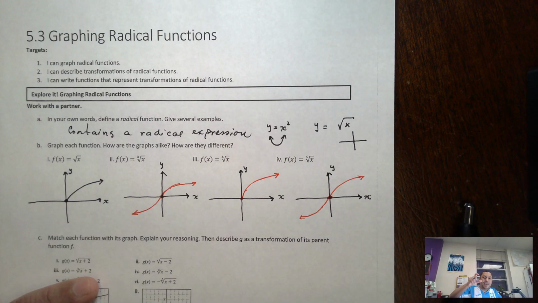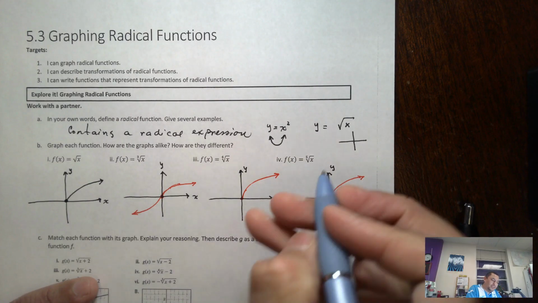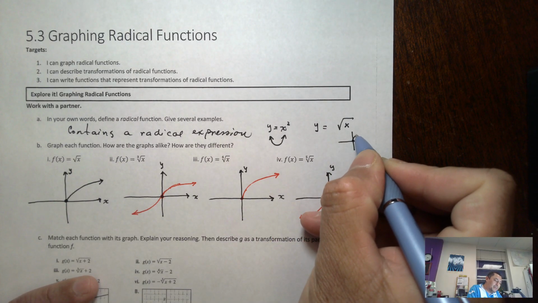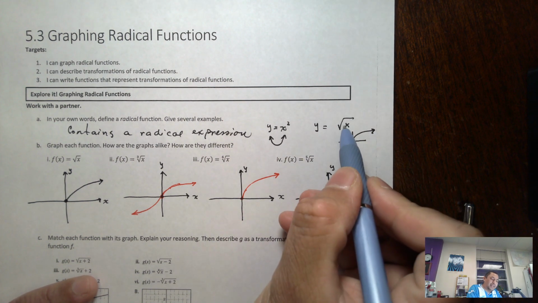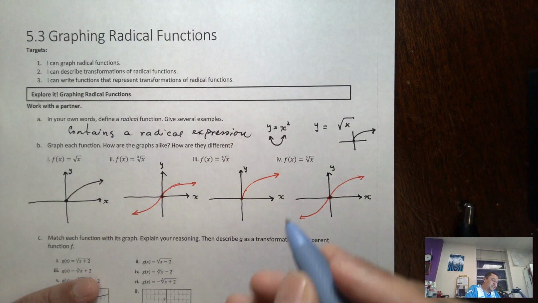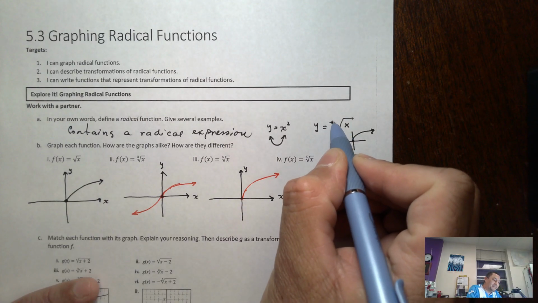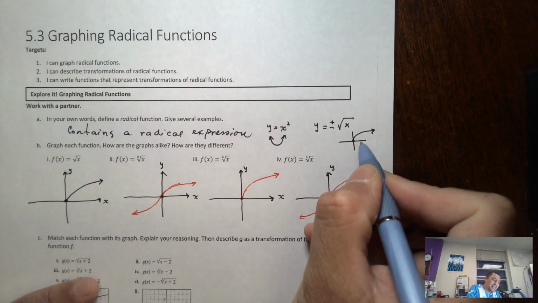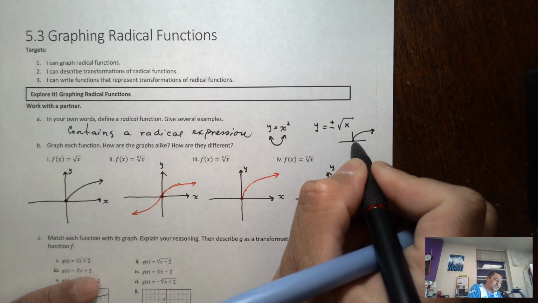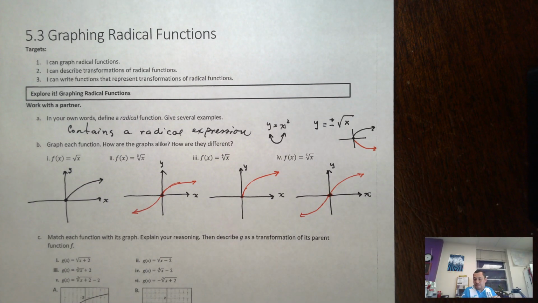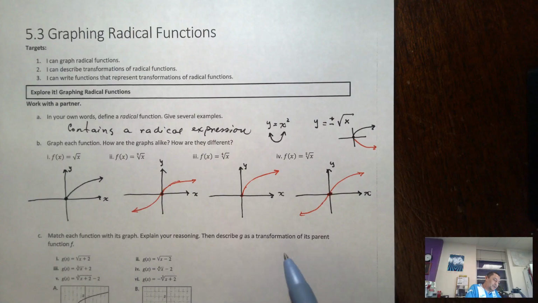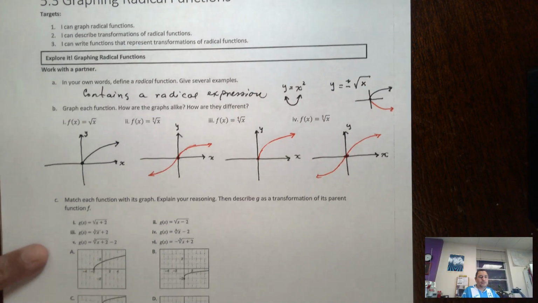It's like rotating your graph horizontally, and you're going to have the positive side. We cannot have a negative number inside. What we can do is graph the positive and the negative, and that's how we get a parabola laying on the x-axis. So keep in mind that one, we're going to need it.